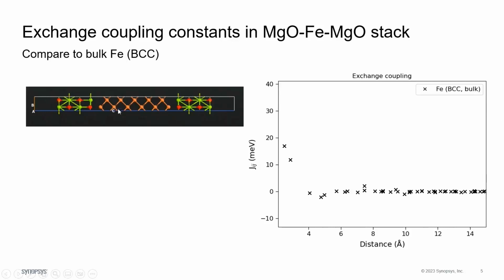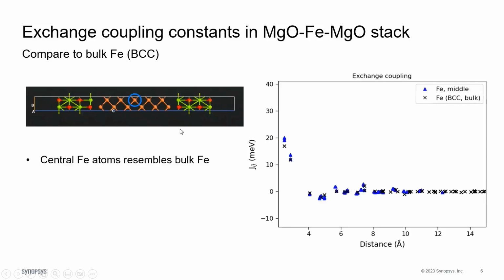If I now calculate the exchange constants for this iron layer surrounded by MgO, I start out by looking at a central iron atom. And in this case, I get more or less the same distance dependence for the exchange couplings as for bulk. So in this case, the results are similar and a bulk model could be applied.